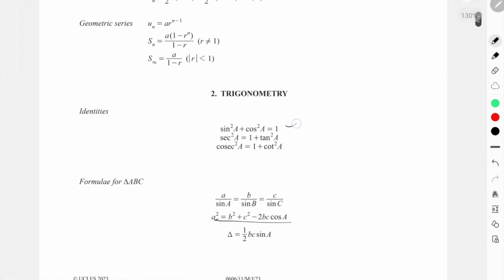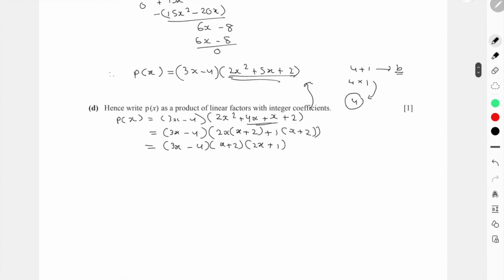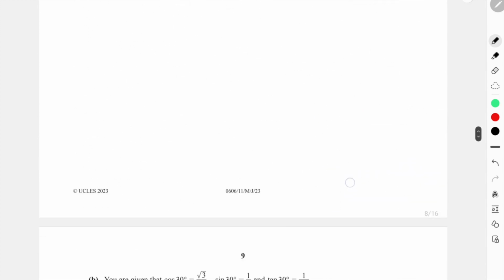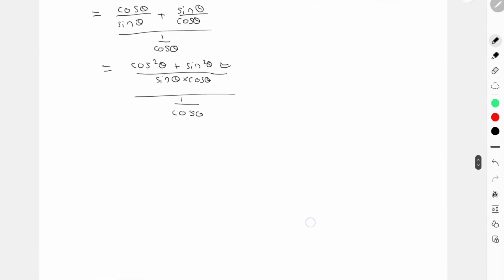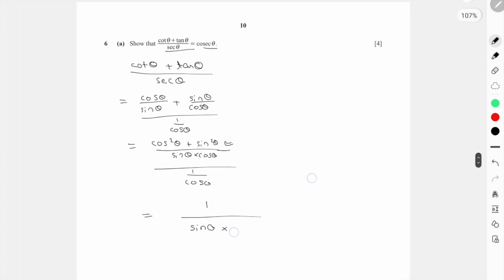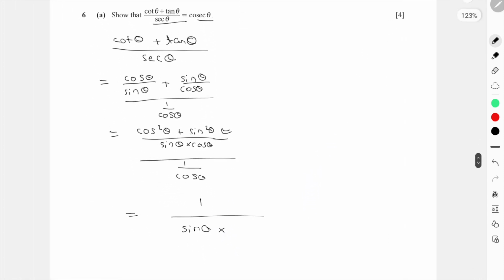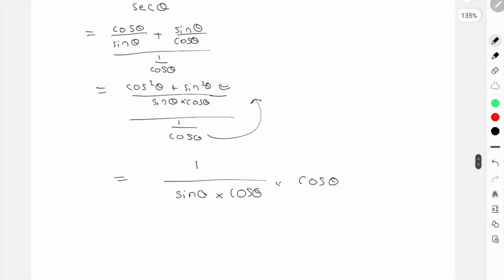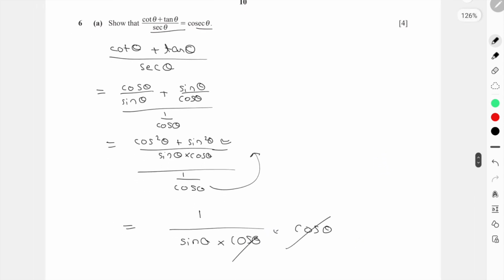Yeah, so as you can see, it's 1. So you can just write this as 1. So that's 1 divided by sine theta into, so you take it up. So that's cos theta. So this goes up when you take the reciprocal of it. And as you can see, these cancel out.